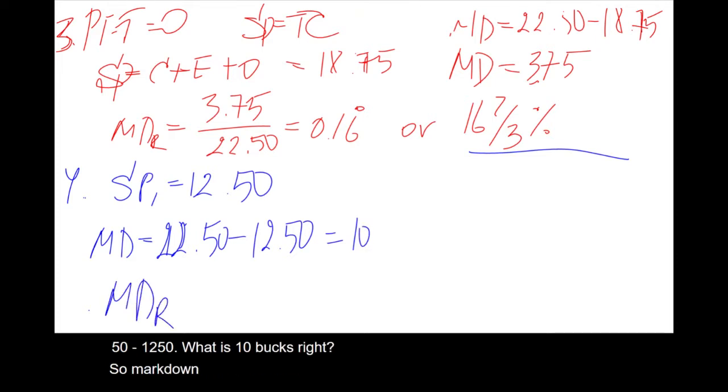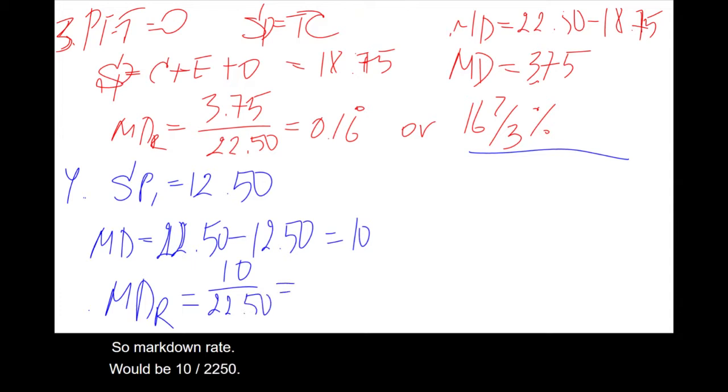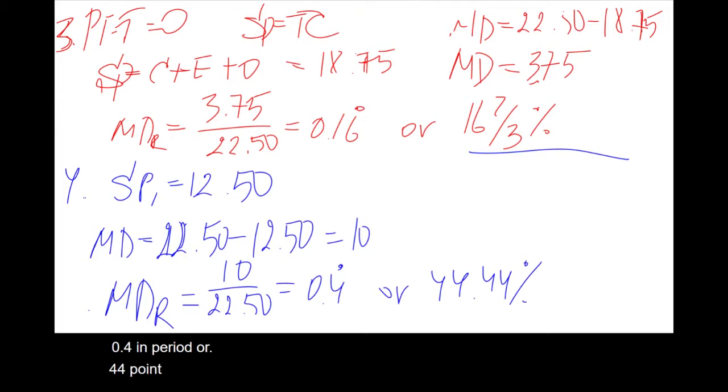So markdown rate would be 1000 over 2250. 0.4 in period, or 44.44%. That's it. Any questions, people?